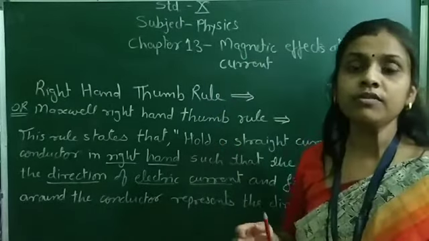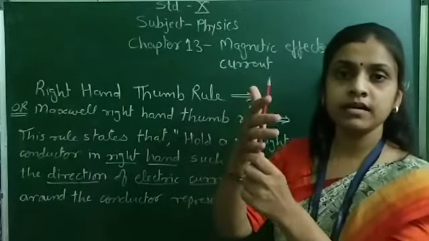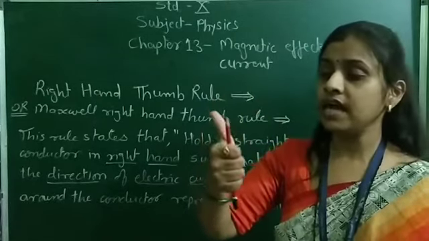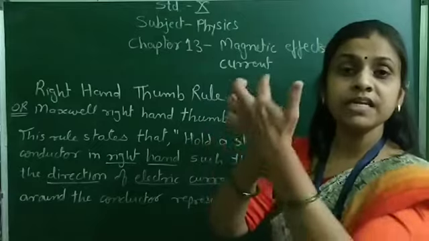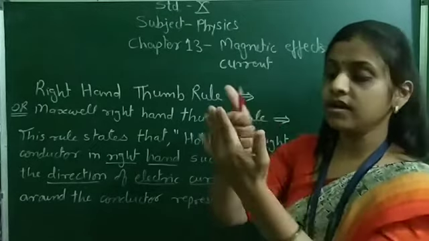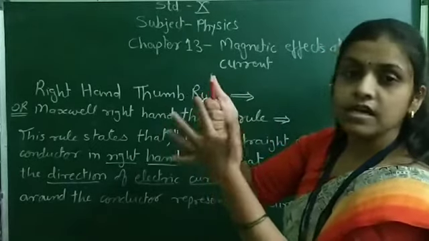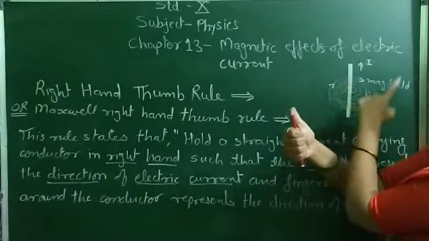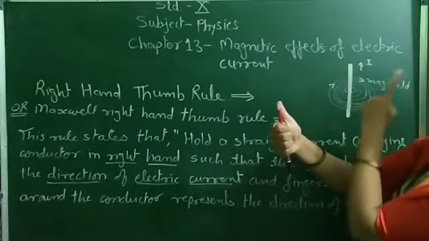So whenever we hold the straight current carrying conductor in the right hand in such a way that the thumb represents the direction of the electric current, the wrapped fingers represent the concentric circles produced around this straight current carrying conductor.